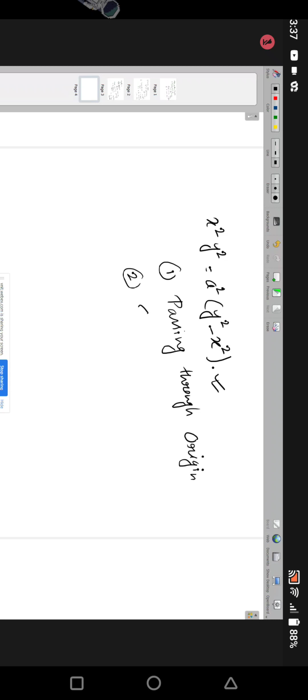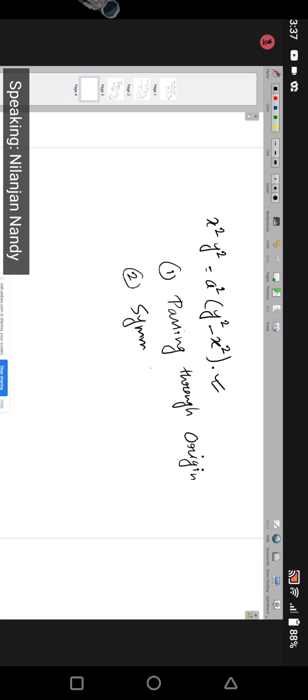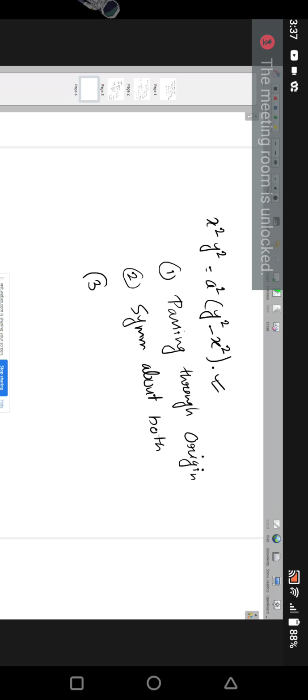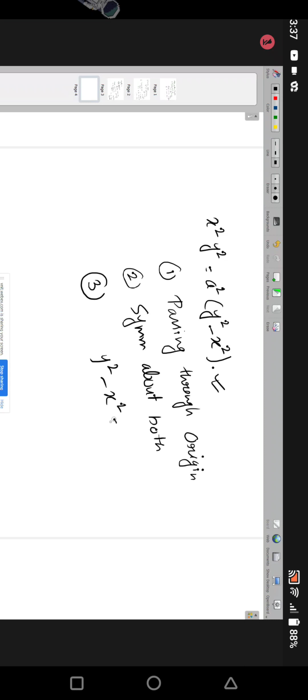So it is symmetric about both axes. Third, tangent at origin. So the lowest degree term is y square minus x square equals to 0. So you are having y equals to plus minus x. So this is your tangent at the origin.